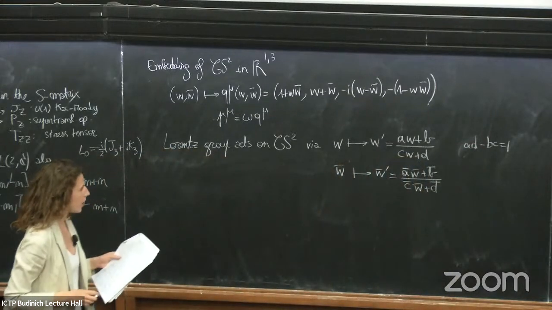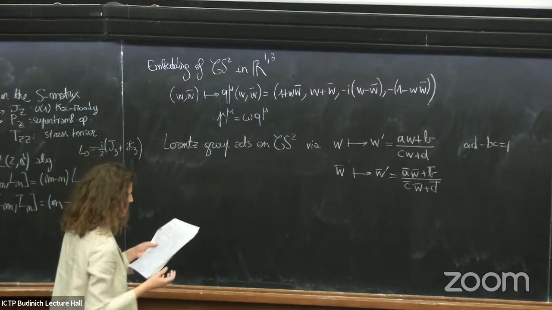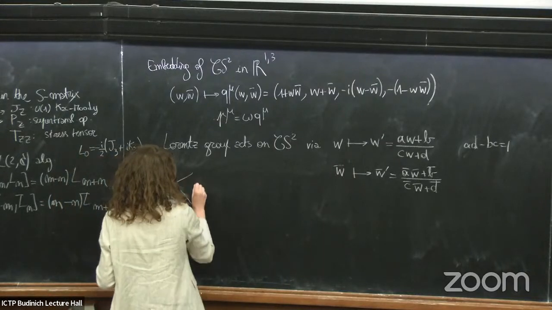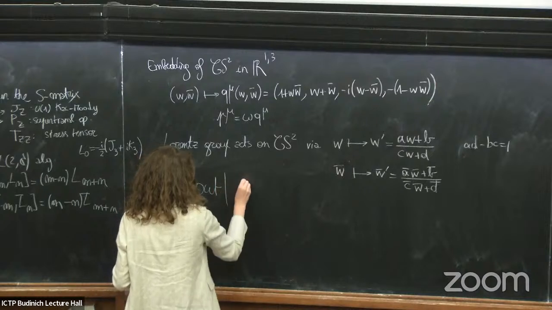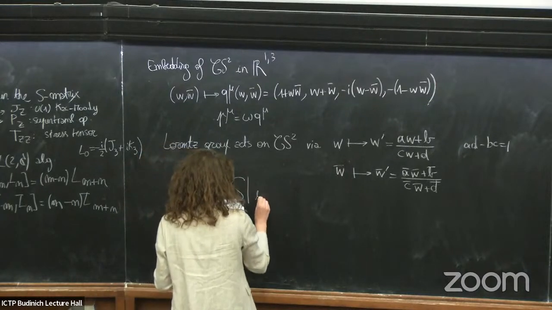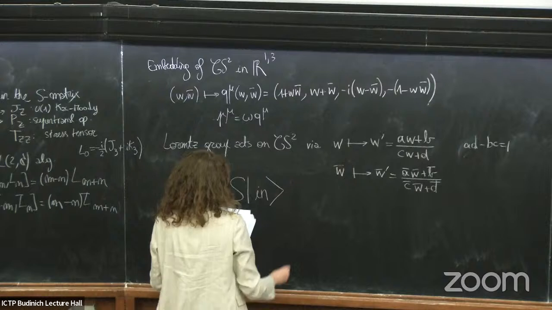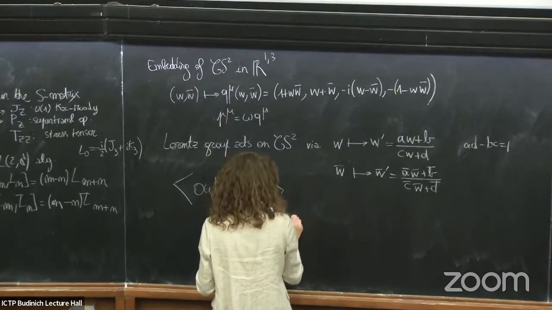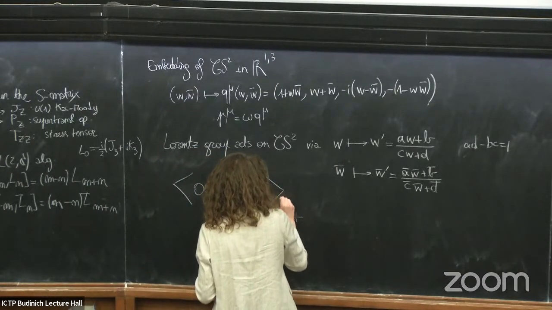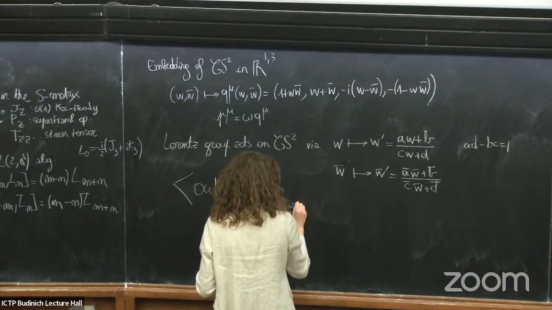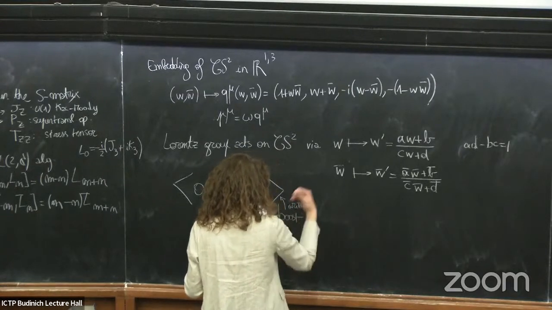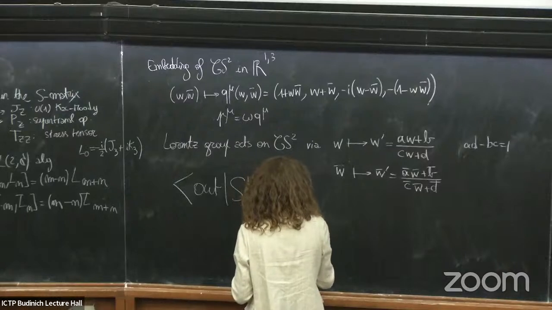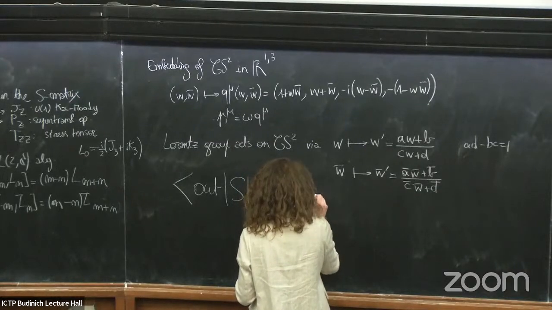So now by using this simple observation, and I will come to precisely how one can perform this map explicitly.